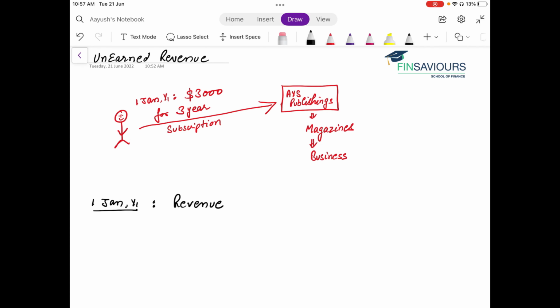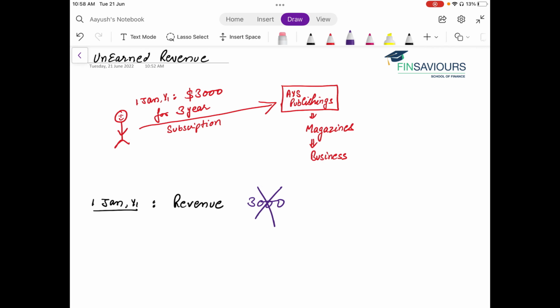So if on 1st of January I am receiving some money, I will have to pass a journal entry, right? I hope you remember that. So on 1st of January year 1, how much is my revenue? Some people will say that if I have received 3,000, the entire 3,000 goes to my revenue. No, my dear friends, absolutely wrong.